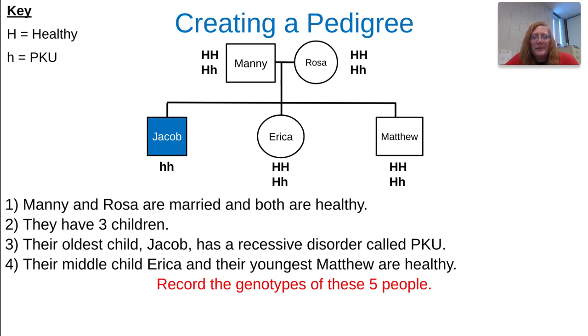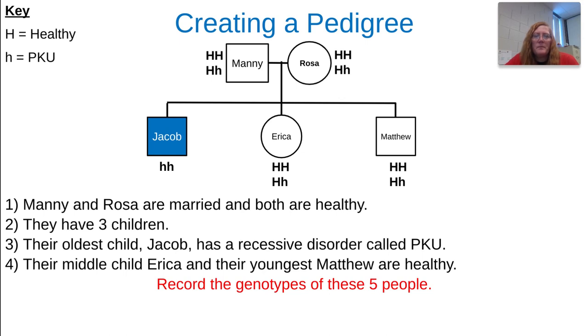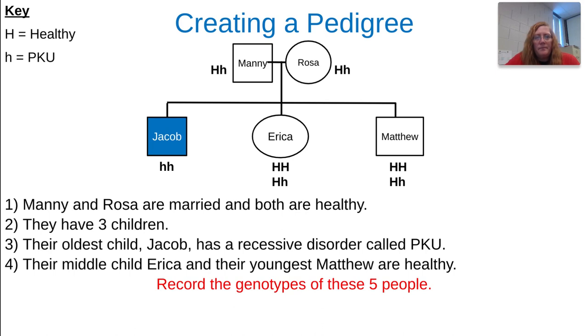And what can we say about these other 2, right? Well, we know both Manna and Rosa must have 1 little h because they had to give each a little h to Jacob. We also know that they have 2 healthy children. But first of all, we can rule out that neither one of them is big H, big H.